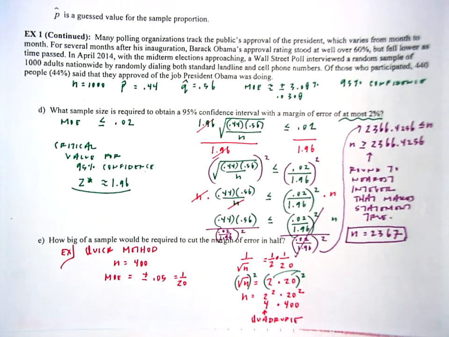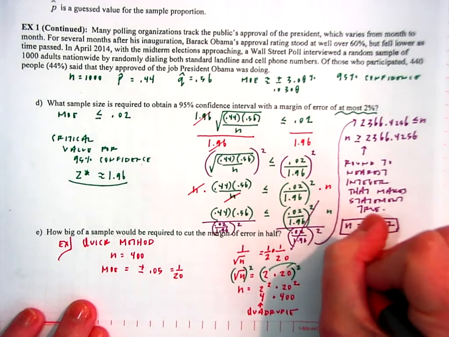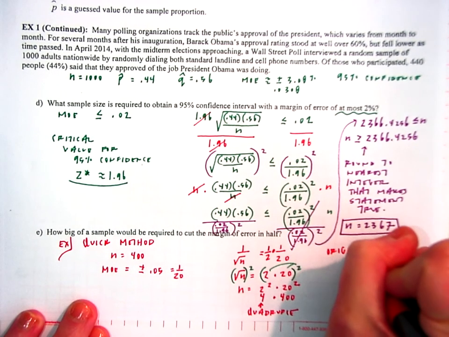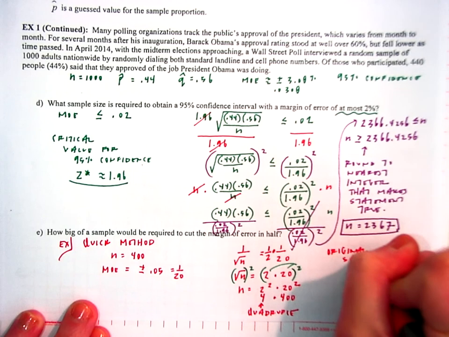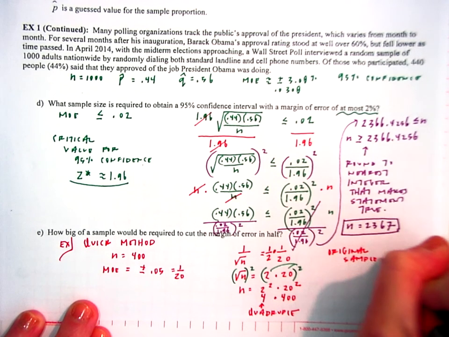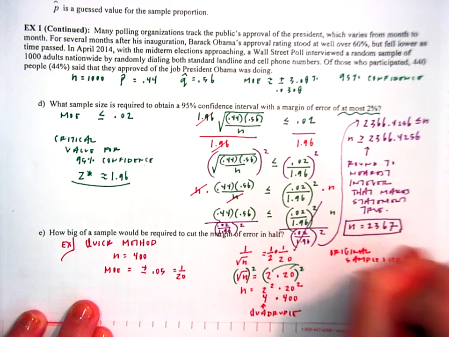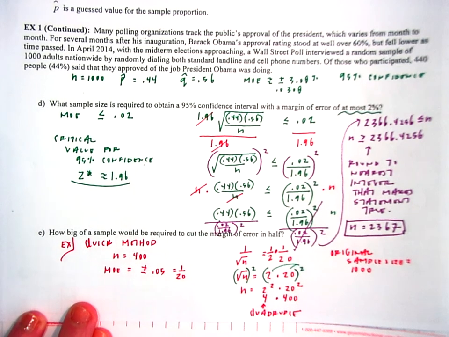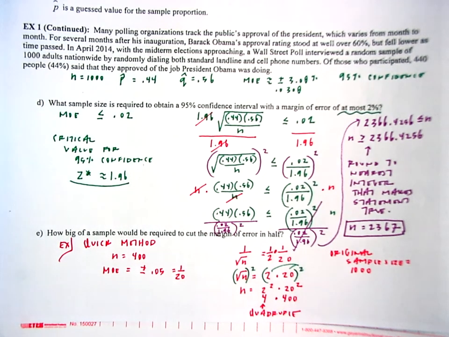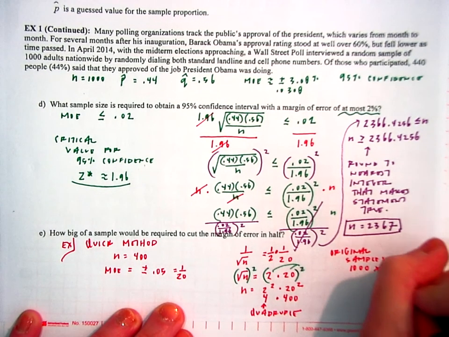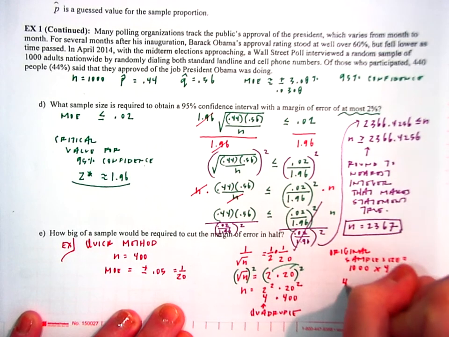Okay, so in this problem, our original sample size was 1,000. We had polled 1,000 individuals when we were asking about Obama's approval rating. So if I'm taking that 1,000 and I wanted to cut the margin of error in half, well, then I got to multiply this by 4. I have to quadruple it, and my new sample size would be 4,000.